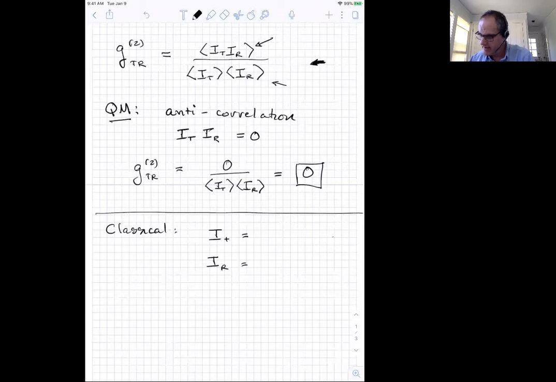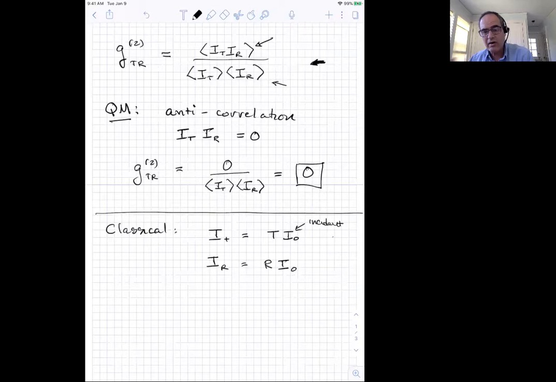So IT might be written as the transmission coefficient times I0, and IR might be given as the reflection coefficient times I0. Okay? Where I0 is the incident intensity. And we'll assume for the moment that T and R are stable, steady quantities, okay?